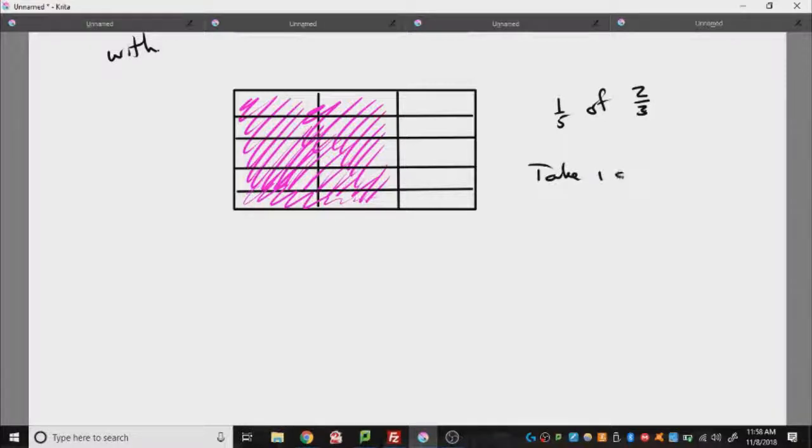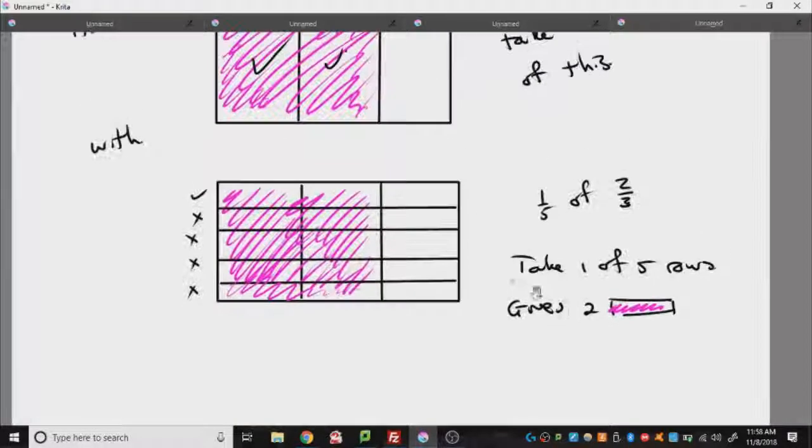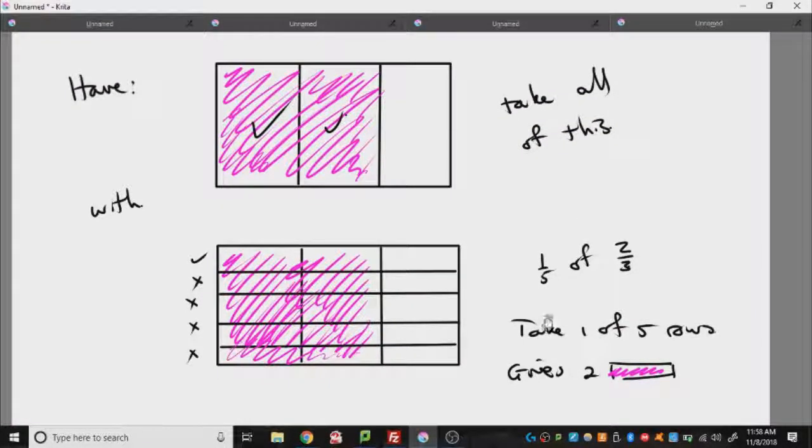Take one of 5 rows, one and not the others. That gives me 2 little pink pieces on top of what I had. I now get 2 extra ones.